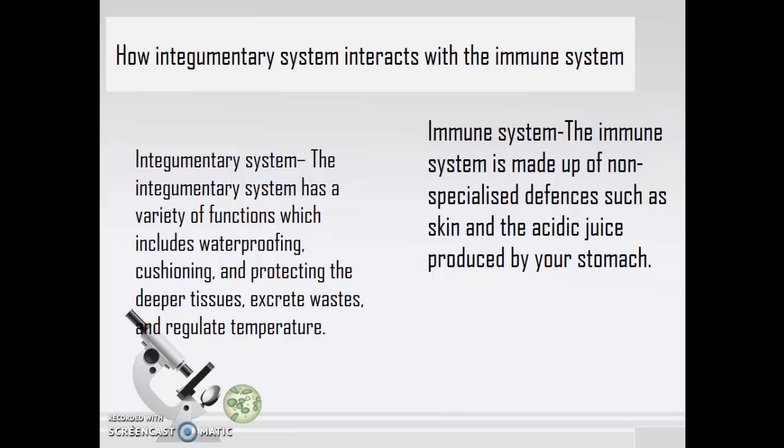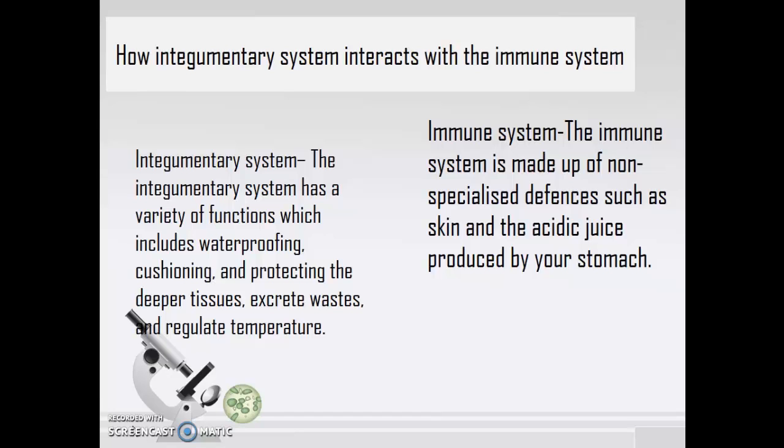If you can recall, in the stomach you have HCl, that is hydrochloric acid. It is produced by the stomach, and any bacteria that might have reached your stomach after defeating the other lines of defense are killed by the HCl inside your stomach.